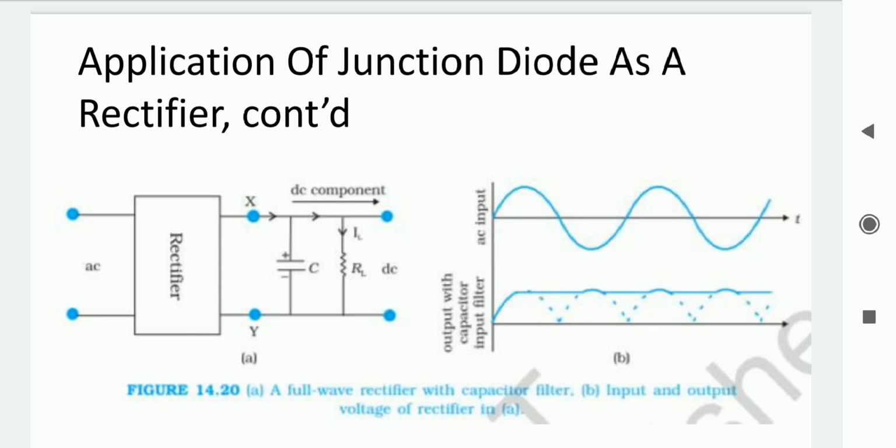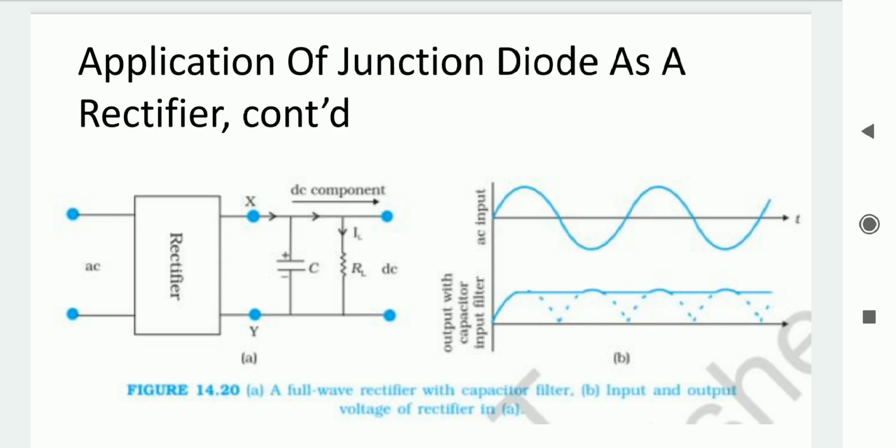Now, when there is no external load, the capacitor will remain continuously in charged condition. If there is any load, then the capacitor starts to discharge through this load and the voltage starts to reduce. In the next half cycle, again the voltage starts to increase and the capacitor starts to charge.